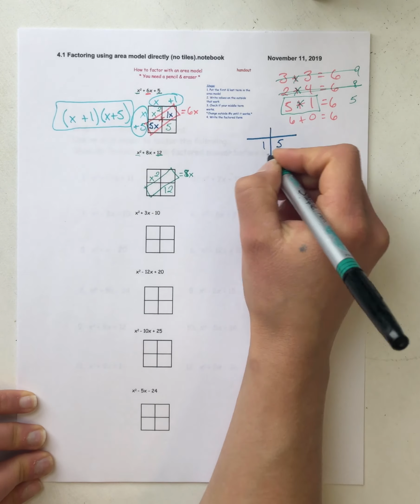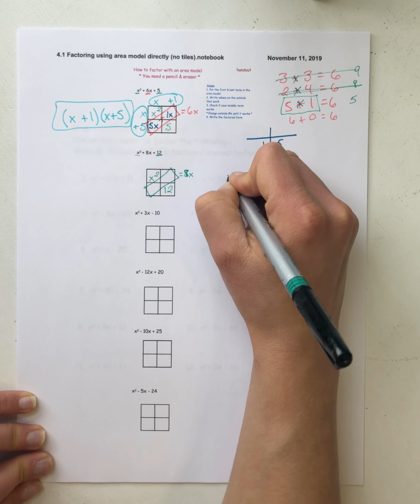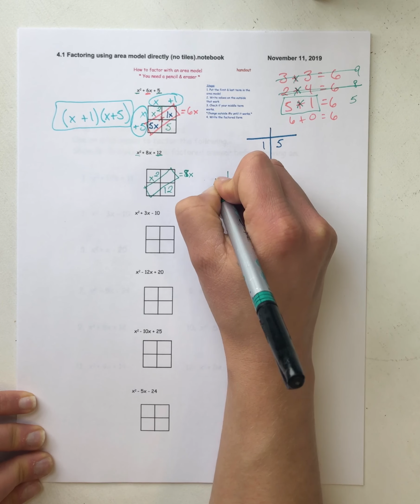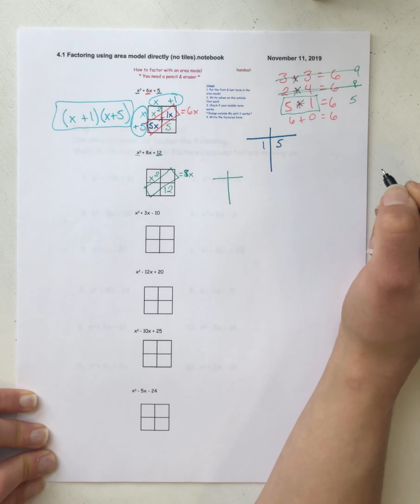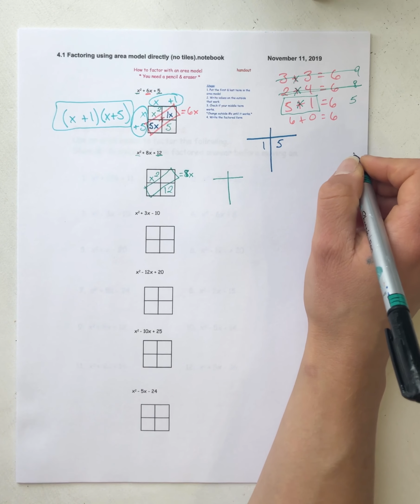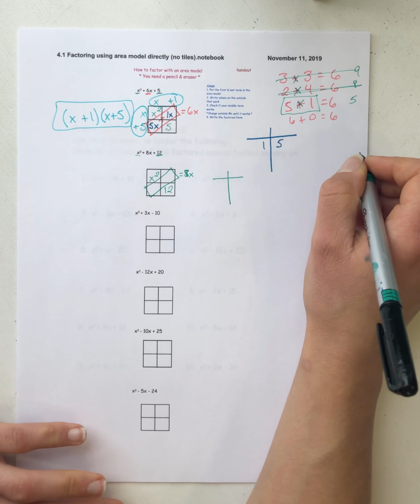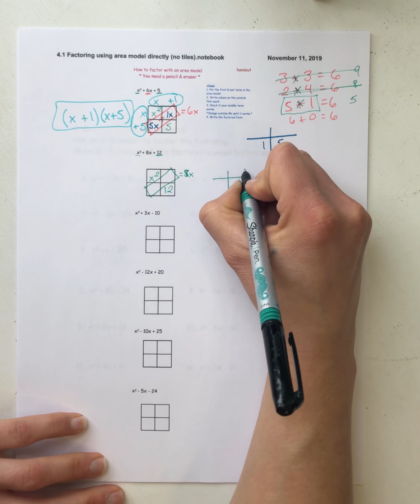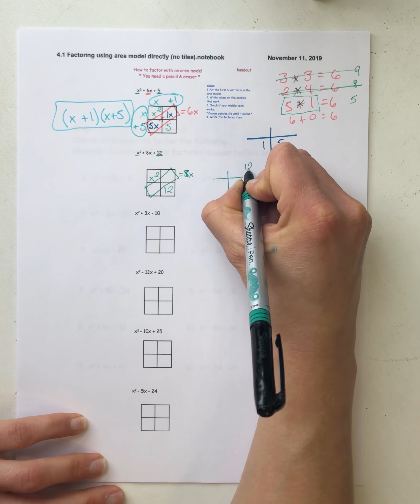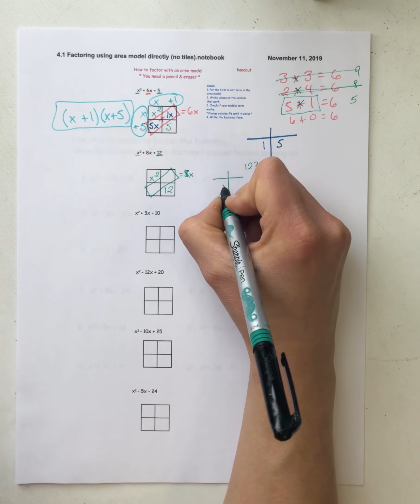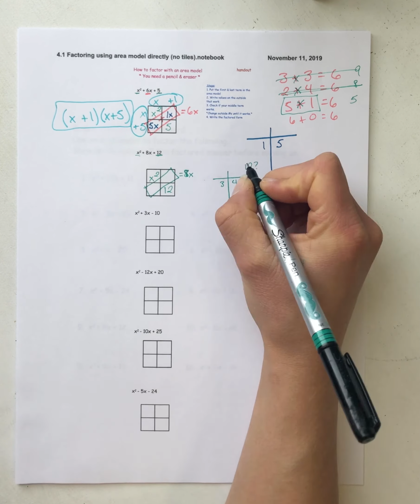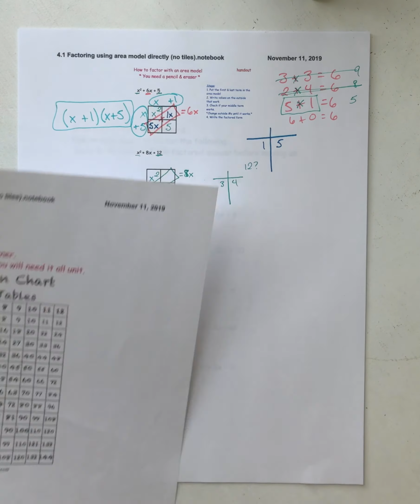So let's do it the factored way first, or the multiplication way first. So what two things can multiply to get 12? What multiplies together to get 12? We have 3 and 4. This is where you can use your multiplication chart.